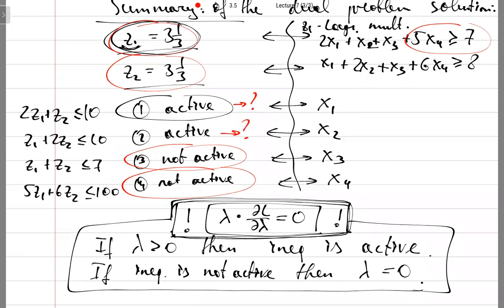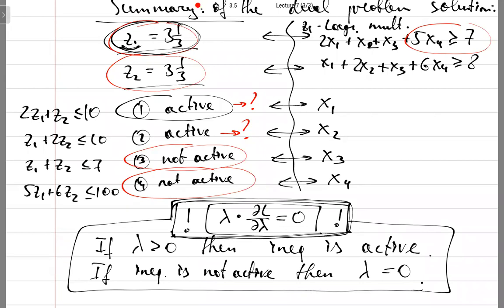Excuse me. Am I right that we plug in z1 equal to 3 and 1/3 into our inequalities, and we check if it is less or equal to 10, then it is okay, but if it is bigger, then it's not okay? Active means equality. Not active means satisfied, but satisfied as an inequality.